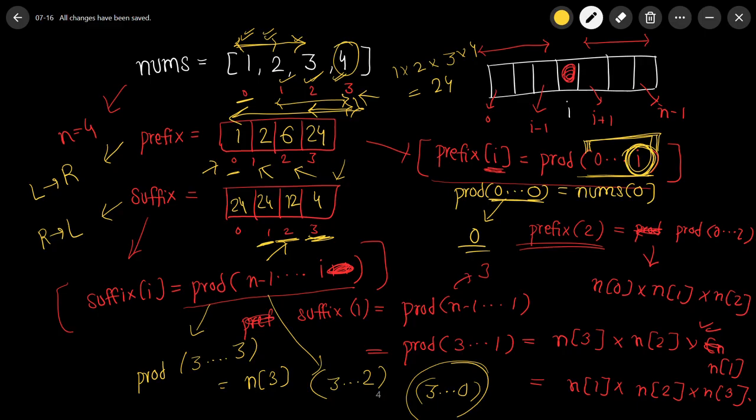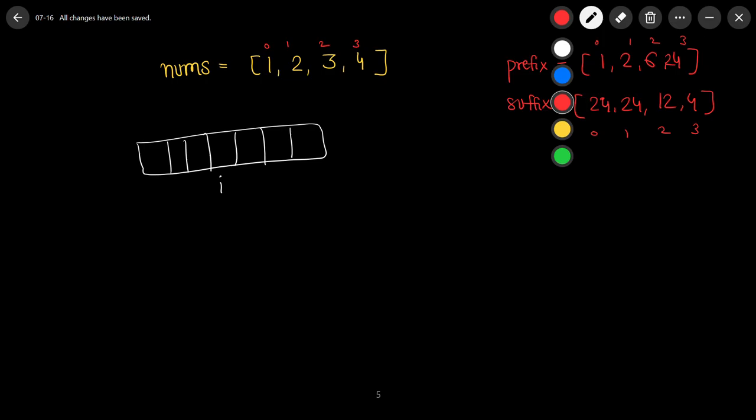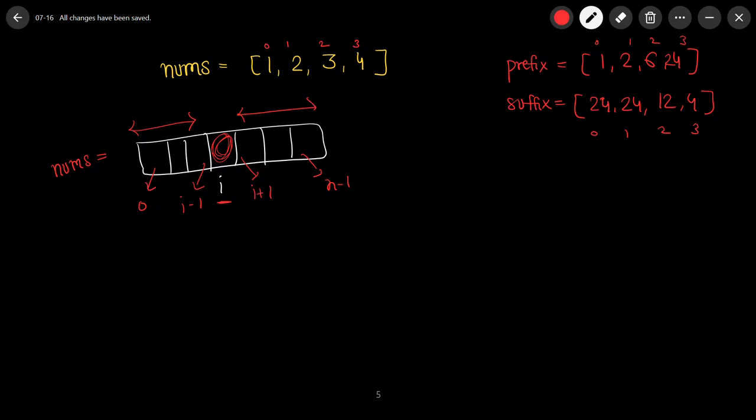So let me clean this up and tell you what we would be doing further. So I've written the test case again. Suppose our nums array is this, and we are currently computing answer of I. So this would be I minus 1, this would be I plus 1, this is 0, and this is n minus 1. So as I told you, if we are computing answer of I, we would be needing the product of these two portions.